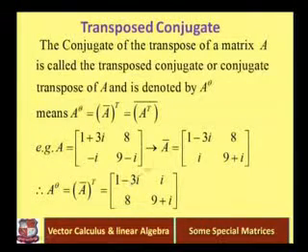Again we take the transpose of this conjugate matrix by interchanging rows and columns: 1 minus 3i, 8 row becomes the column, and i, 9 plus i likewise. That is the conjugate of the transpose, which is nothing but the transpose conjugate, and it is denoted by A raised to theta, A theta.